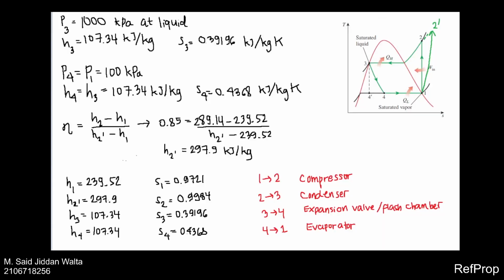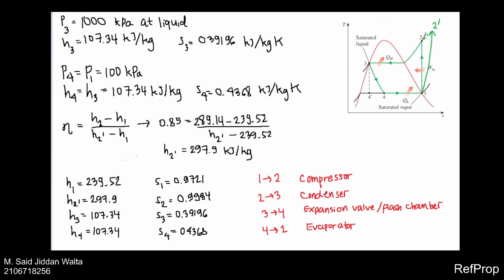For the third point, we know that at the outlet of the condenser, the pressure is 1000 kilopascals and it is in a saturated liquid state, where we can immediately find that the enthalpy of the fluid at that point is 107.34 kilojoules per kilogram, and the entropy is 0.39196 kilojoules per kilogram Kelvin.